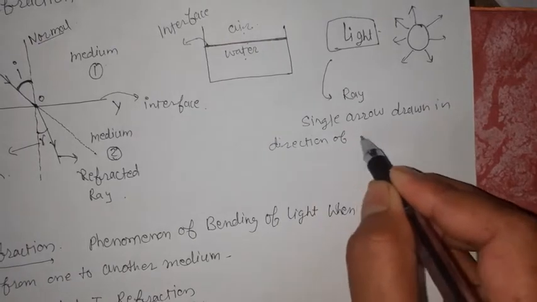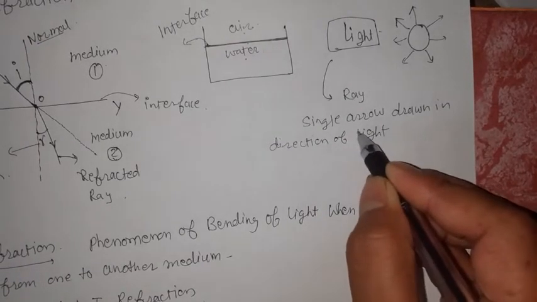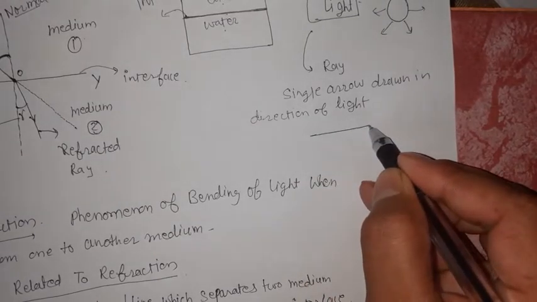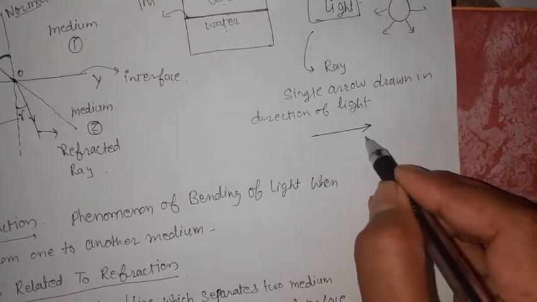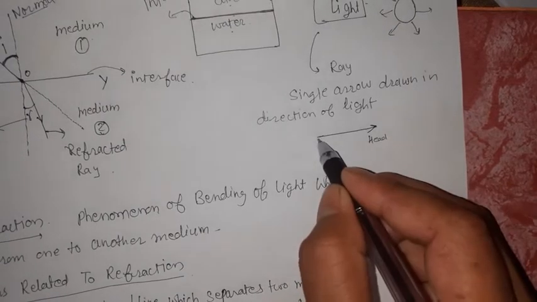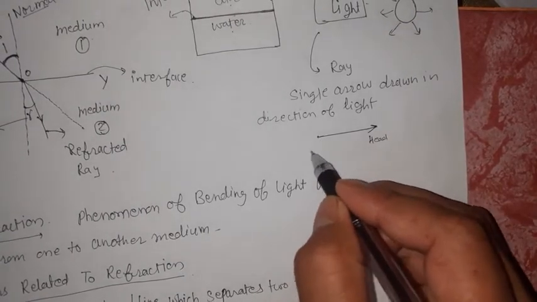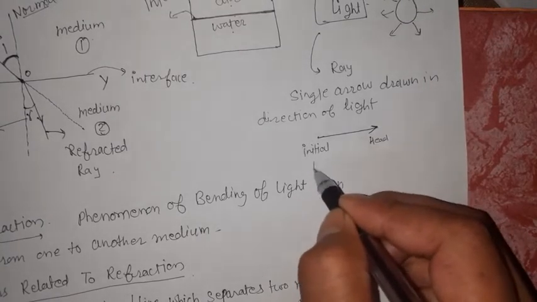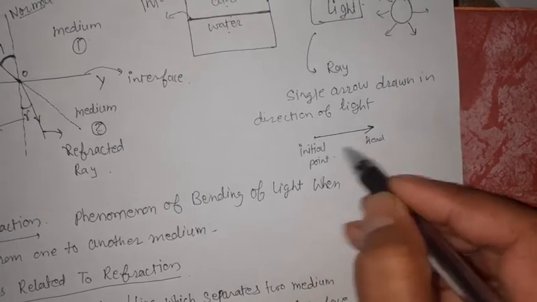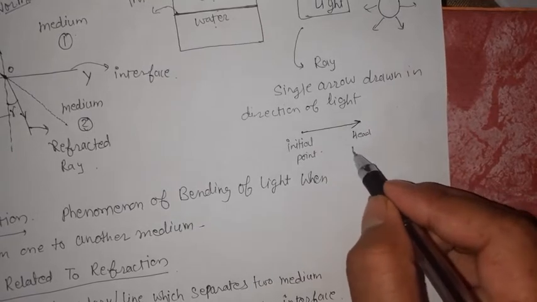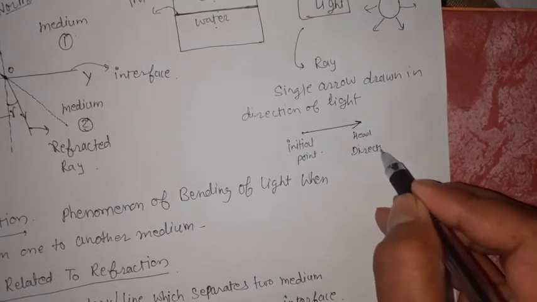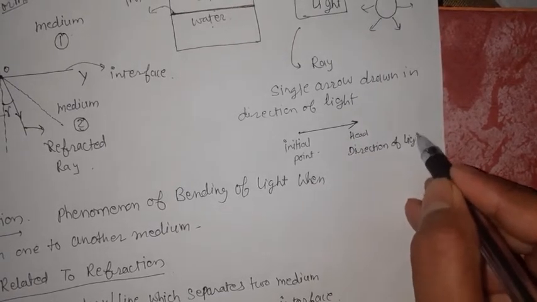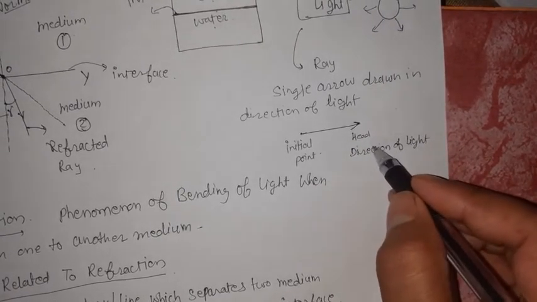Now look at this one: it is an arrow, and this arrow has its head and its tail. The tail gives us the initial point, from where it is going to come, while the head gives us the direction of light.